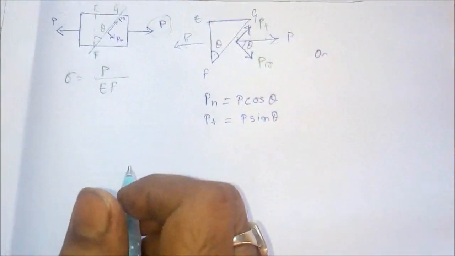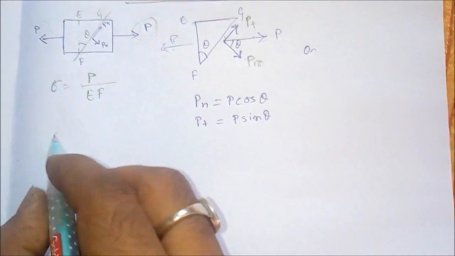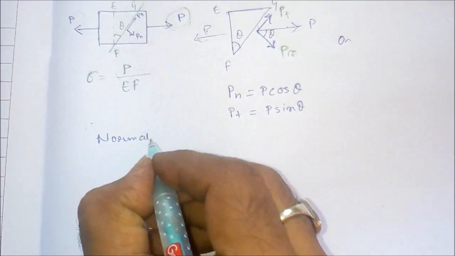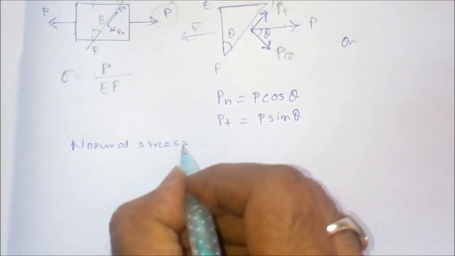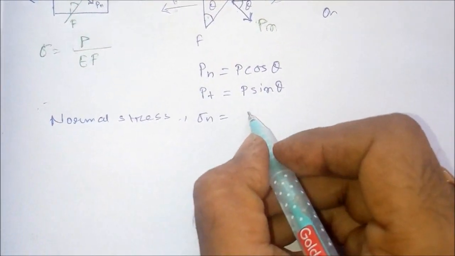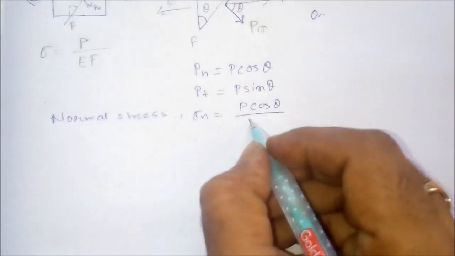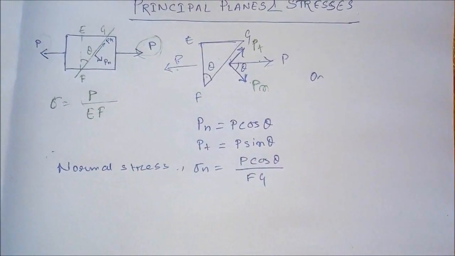Now what will be the normal and shear stress on that particular plane? The normal stress, if we denote it with sigma n, will be equal to P cos theta divided by FG, right?